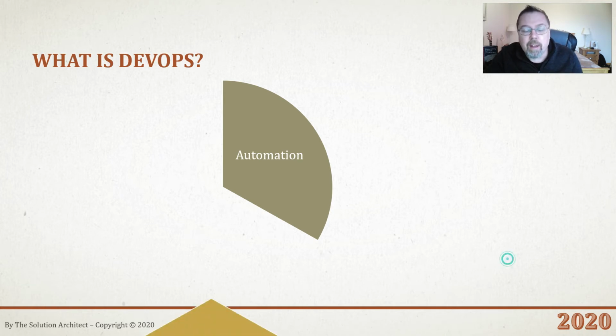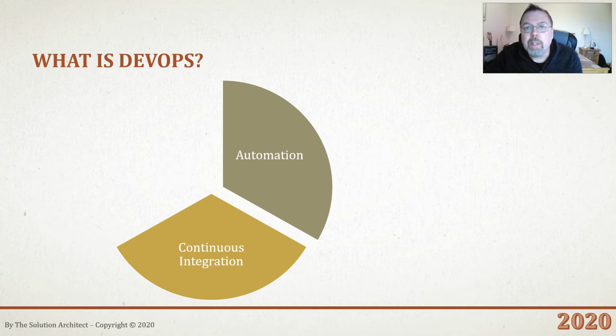And how do we get there? We start with continuous integration. What does that mean? It means that you'll always have several developers working on different parts of code in your solution. They check it into a central repository where the continuous integration pipeline will package your code, test your code, and build your code and make it ready for deployment.